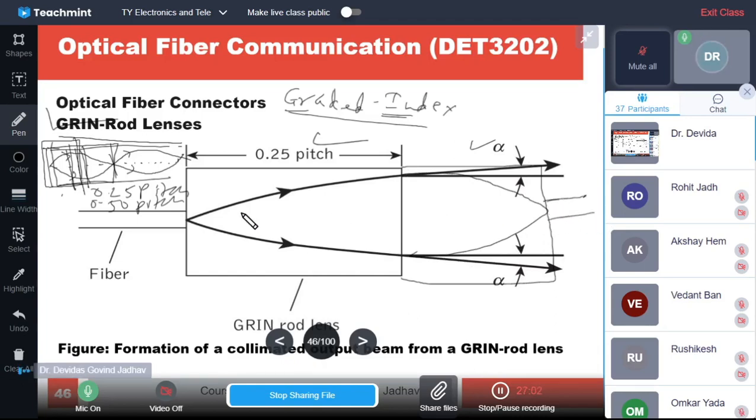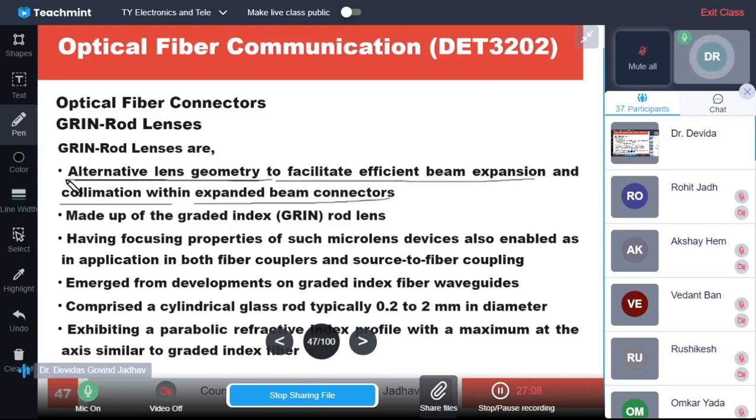So there is no air gap, just like the expanded beam connector, isn't it? So the alternative lens geometry facilitates efficient beam expansion and collimation within the expanded beam connector, within itself. It is inside the expanded beam connector, collimation and refocusing.